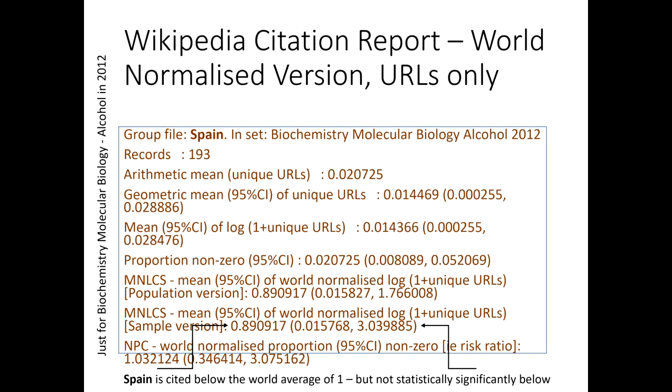And again, we have URL and other versions of the MNLCS, and we use the sample version. And in this case, for Spain, for the biochemistry, molecular biology, alcohol research, the MNLCS for Wikipedia is below 1, so below the world average, but the confidence interval is very wide, containing 1, containing the world average. So Spain isn't cited statistically significantly below the world average.